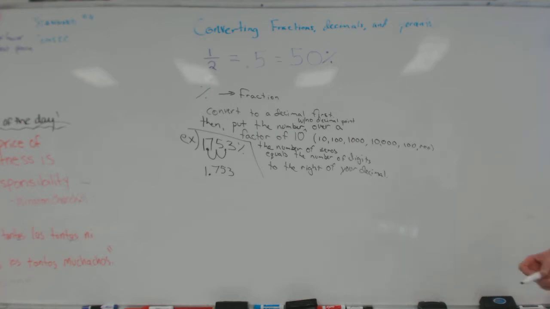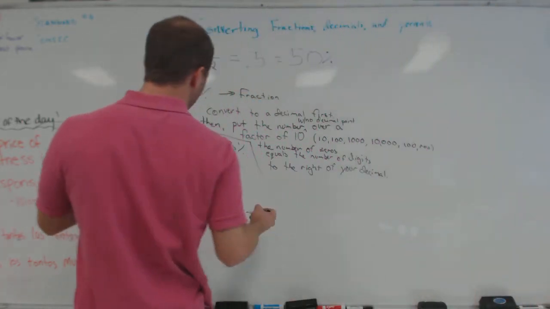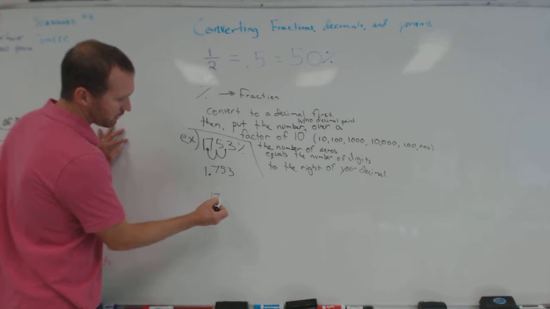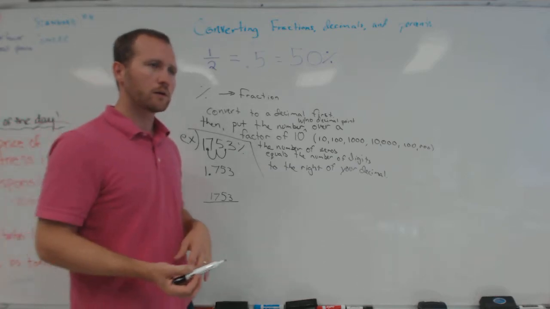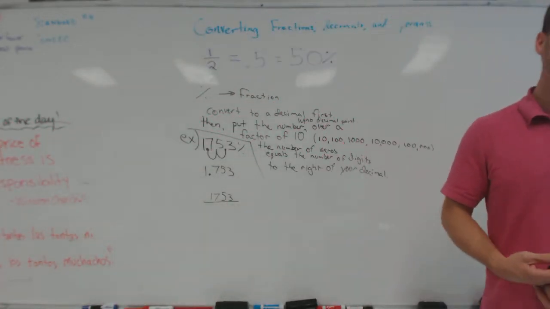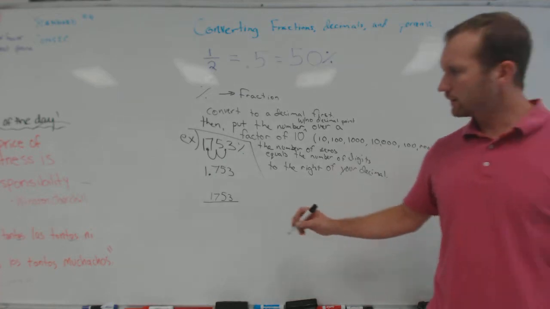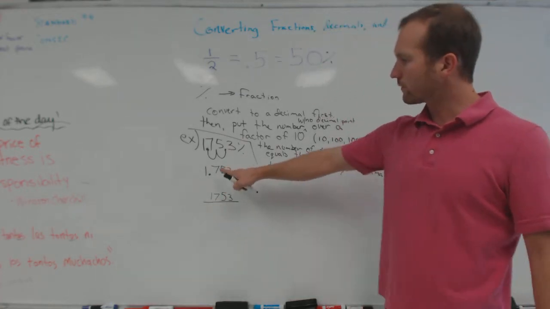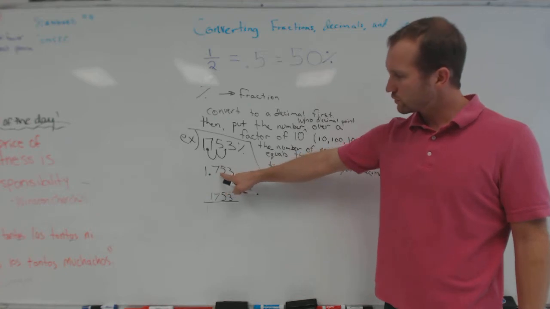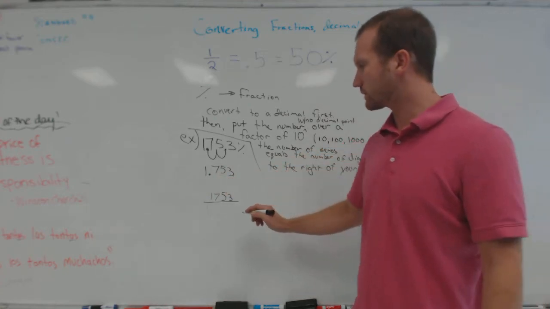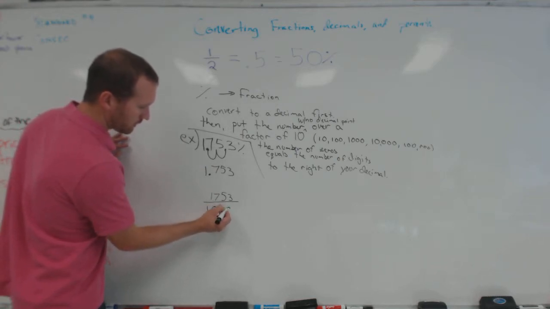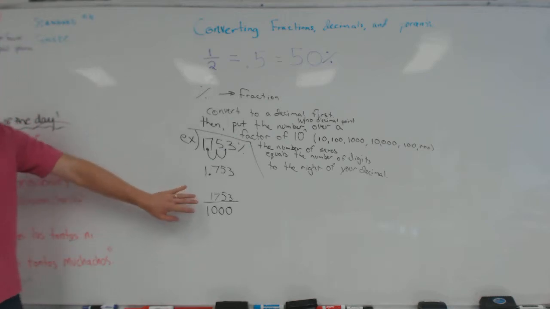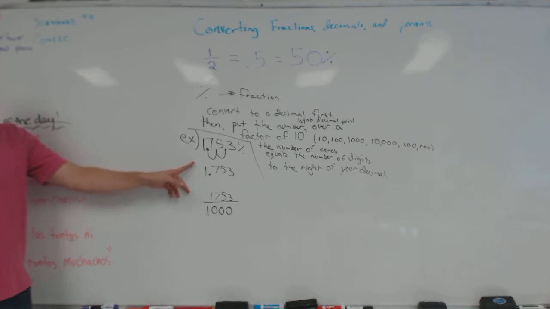Now, I'm going to take this number, 1.753, and write it as my numerator over one of those powers of 10. So 1, and it's going to have 1, 2, 3 zeros. So that is my fraction version of this number.